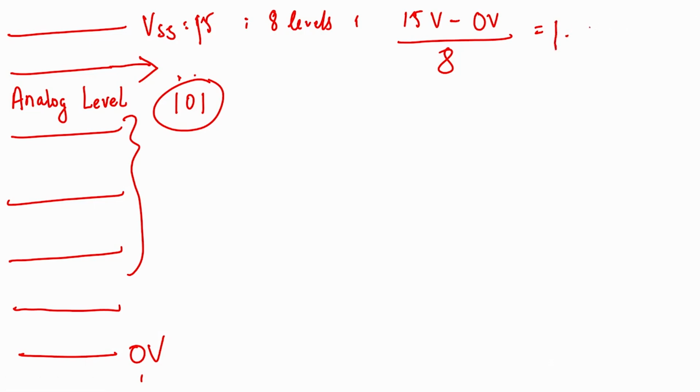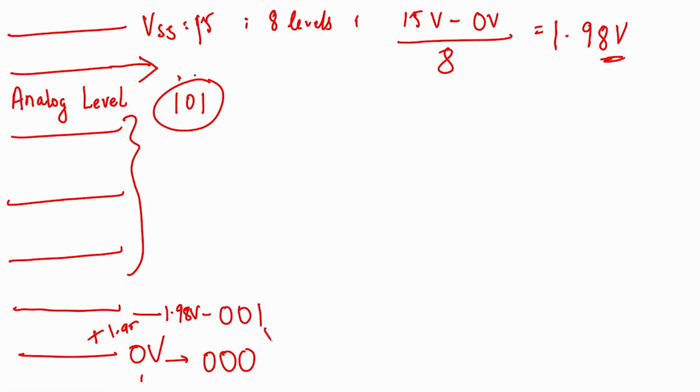I have not calculated, I am just telling you. So your base 0 volt will be your first digital representation, 0 0 0, and your next one will be plus 1.98 volt. So 1.98 volt would be 0 0 1.